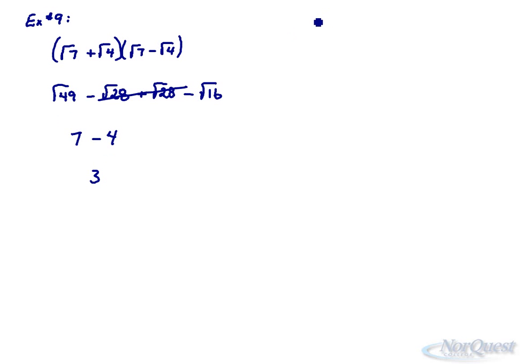Example number 10, again I'm just going to add some coefficients but do the same thing again. We're going to look at 2 root 6 plus 3 root 2, and it's going to be again 2 root 6 minus 3 root 2.